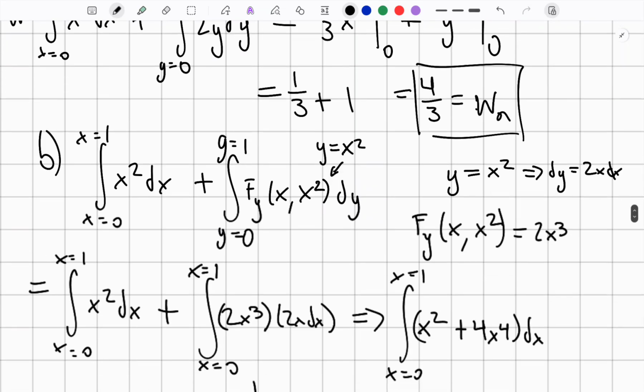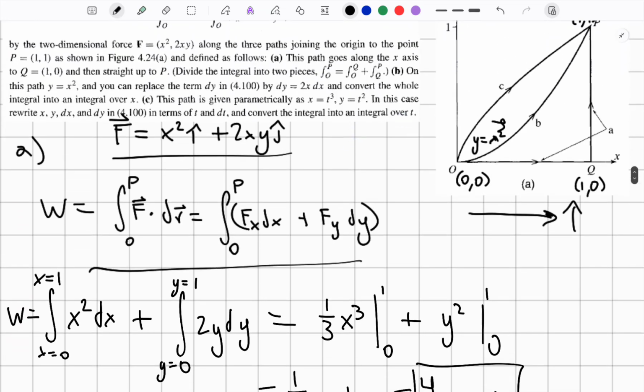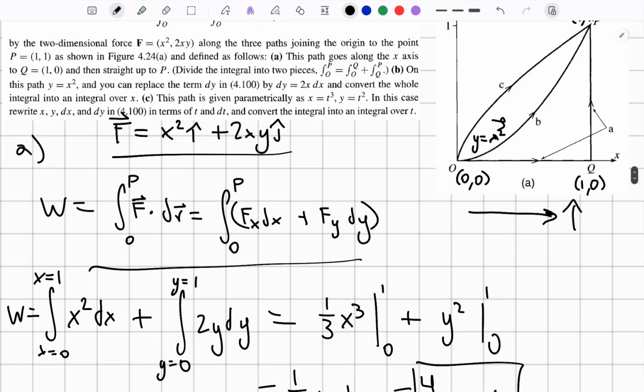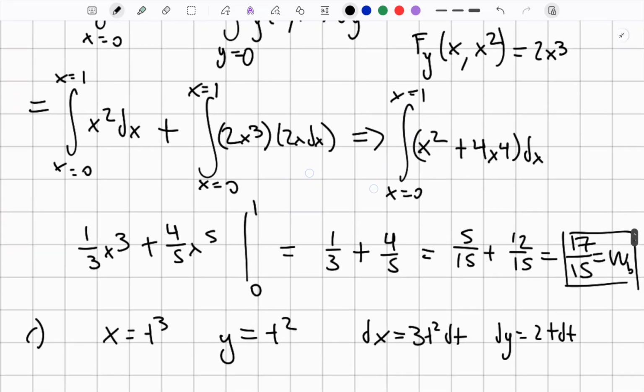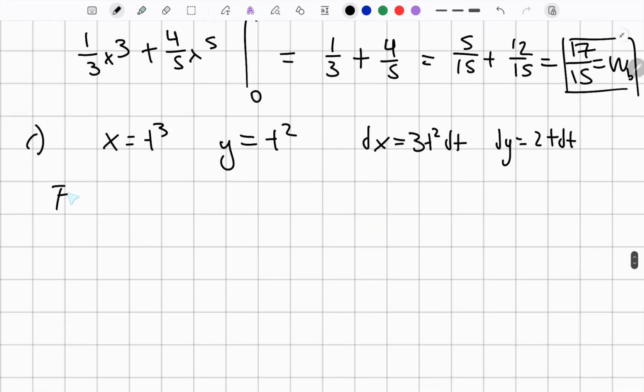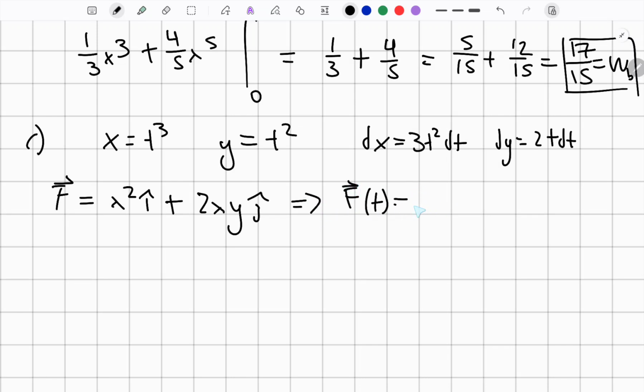We're going to need to rewrite our forces here too. So our force is x squared, 2xy. So force equals x squared i plus 2xy j. We're going to transform that into a force with t being our variable.